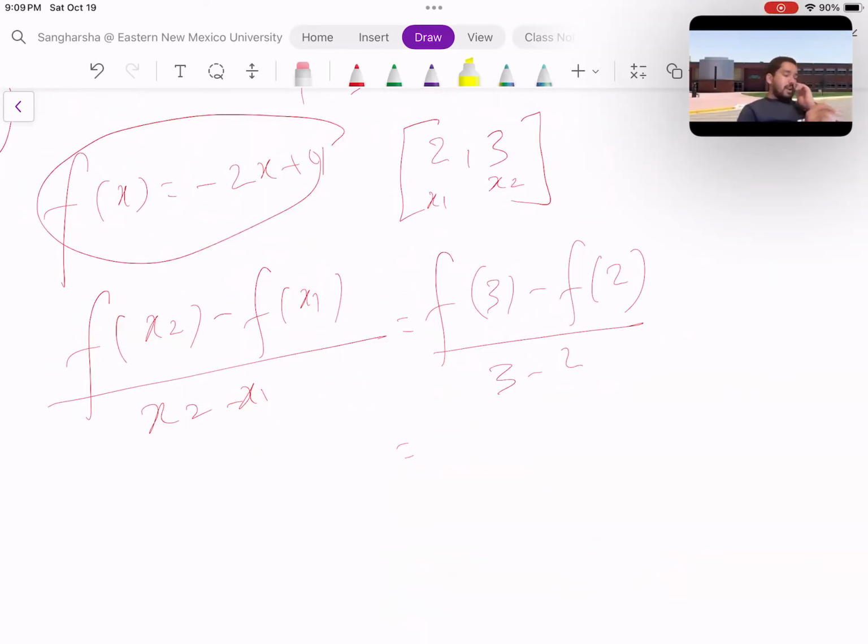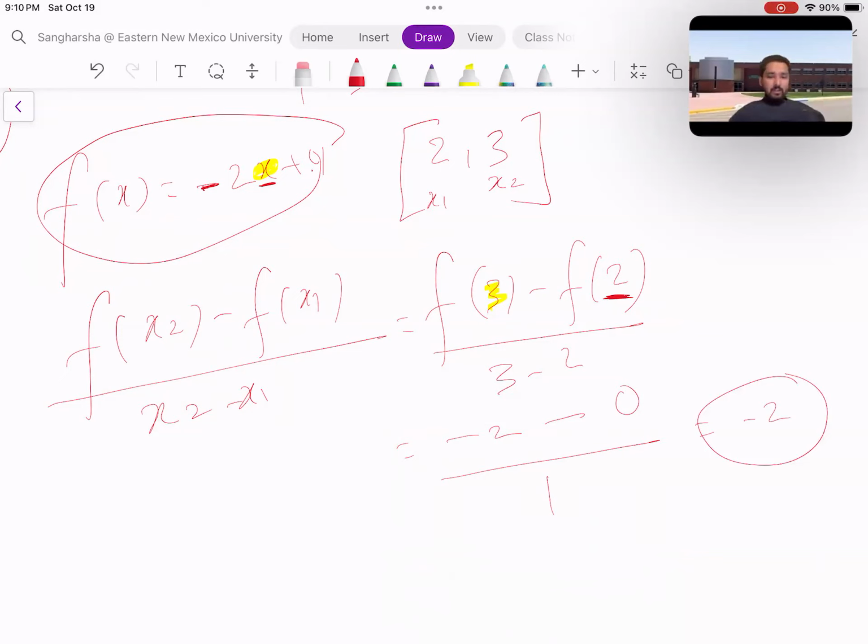How do you find f of 3? You substitute 3 for every x. So negative 2 times 3, negative 6, plus 4, which is negative 2. Now find f of 2. You substitute 2 for every x. Negative 2 times positive 2, negative 4, plus 4, 0. Negative 2 minus 0, divided by 1, which is negative 2. Negative 2 is the average rate of change. So this is 89, okay?